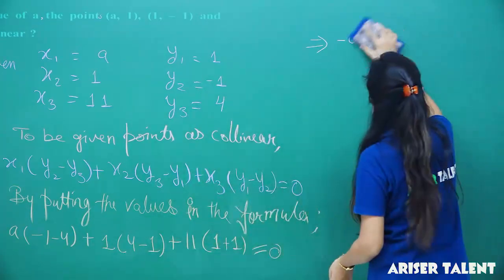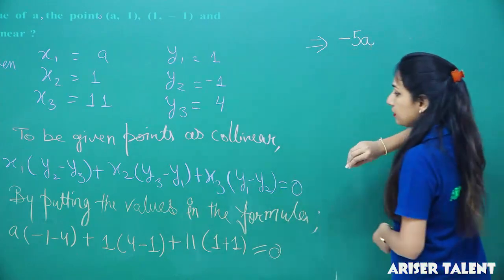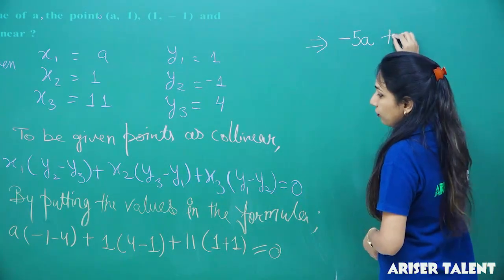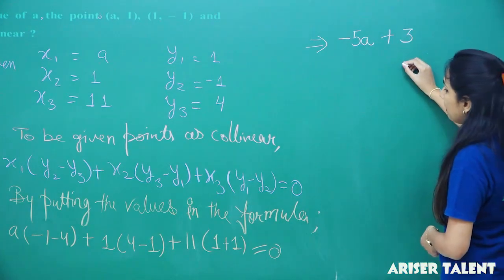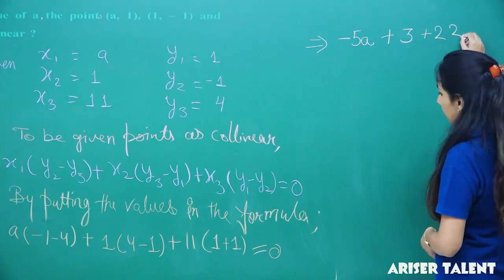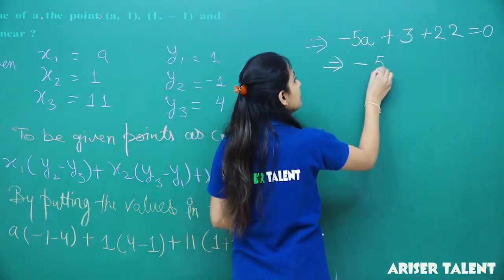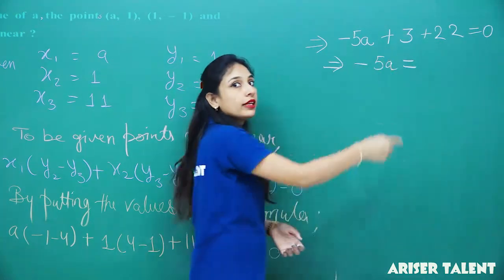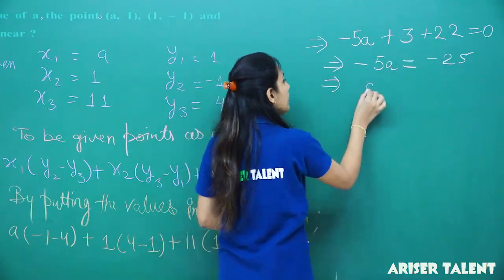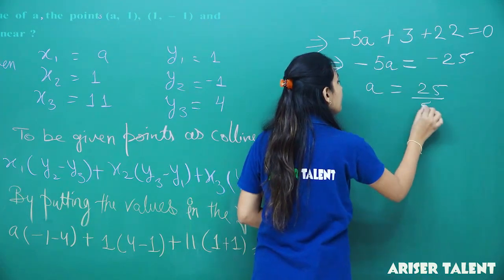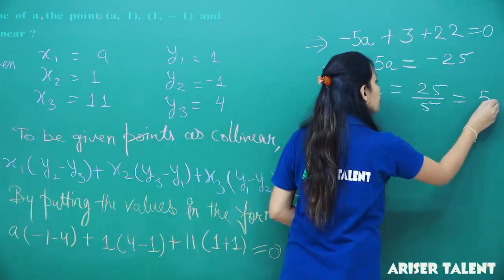So minus 5 multiplied by a is minus 5a, plus 4 minus 1, 3 multiplied by 1, is 3, plus 11 multiplied by 2 is 22, equals 0. That means minus 5a plus 25, so that will become minus 25 equals... a equals 25 by 5. Minus cancelled out, no? So that will be 5, students.